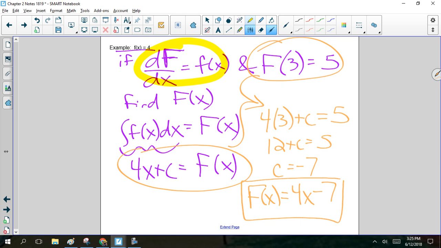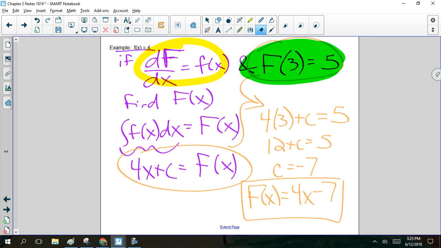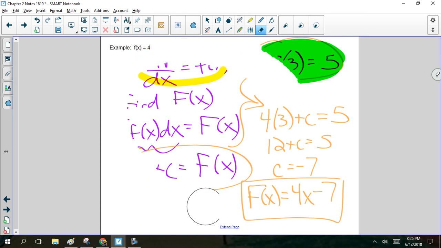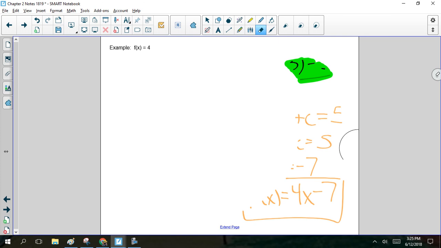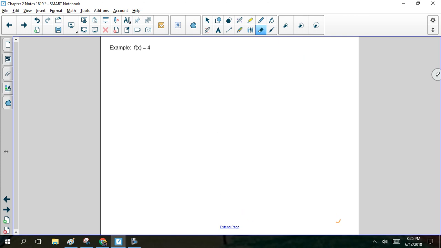All right. Now, suppose that I hadn't told you the coordinate of one point. Then all we could do is take what's called a definite integral. So here's how that would be set up. The definite integral allows us to find a change.